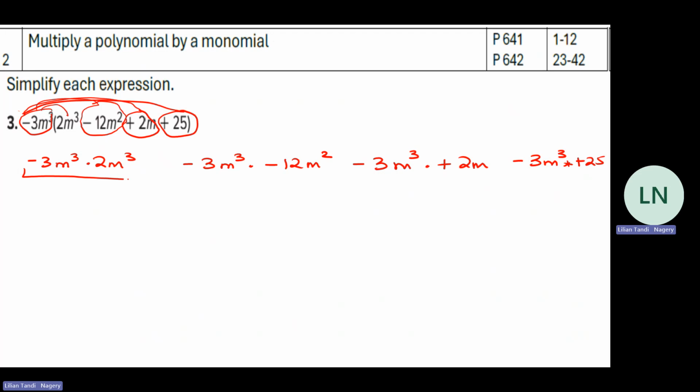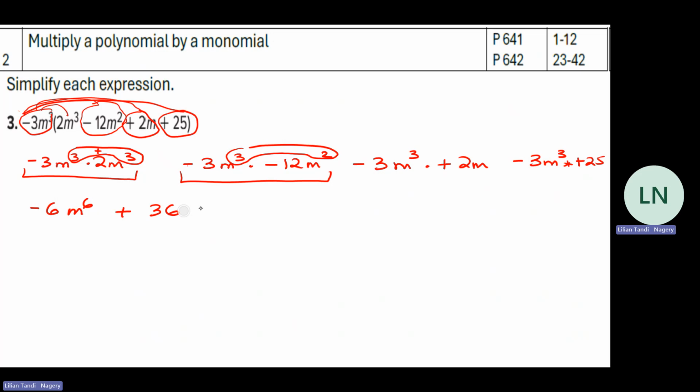Now let's answer this. This becomes negative 6m to the 6th because I will add my exponents. This becomes positive because a negative times a negative is a positive. 3 times 12 is 36. Then I'm going to add my exponents.